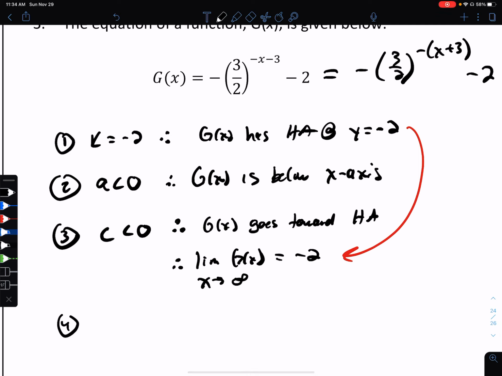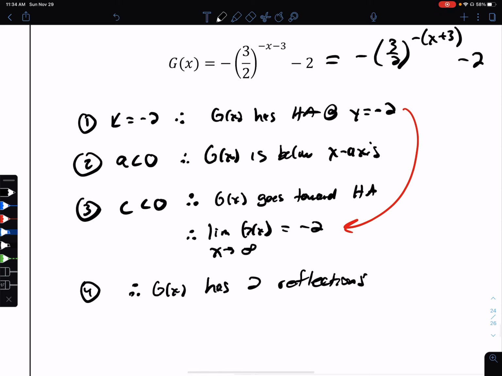We could say, since both of these are negative, g of x has 2 reflections. Based upon that, g of x is exponential growth.